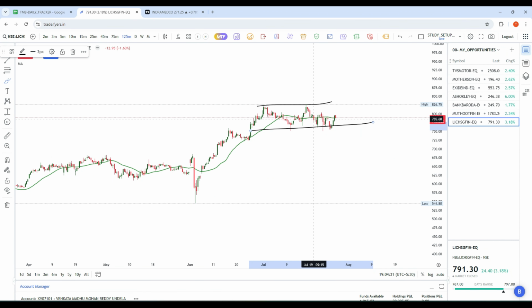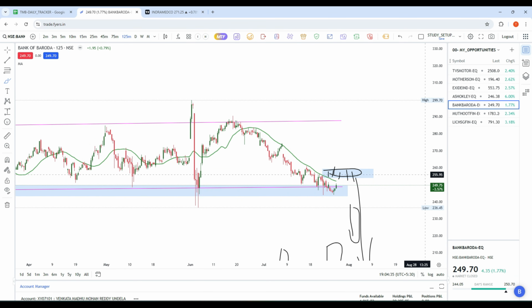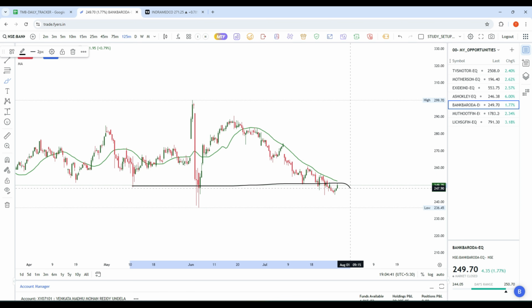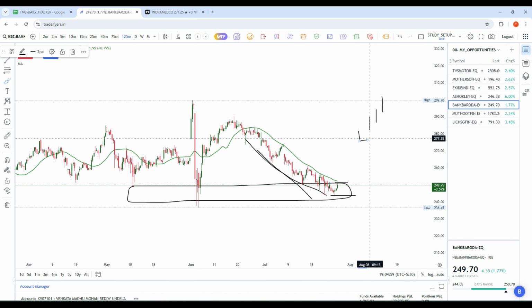For example, Bank of Baroda, we wanted to look for a buying opportunity here, okay. This is the demand zone we were looking for. Let me go to the 5 minute chart, okay. On the 5 minute chart, the way it is forming the lower lows, it might have formed higher lows instead, okay.